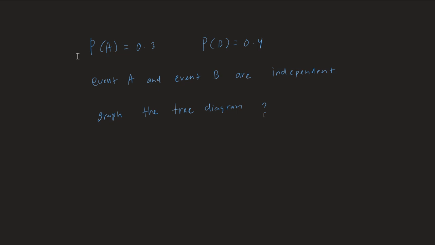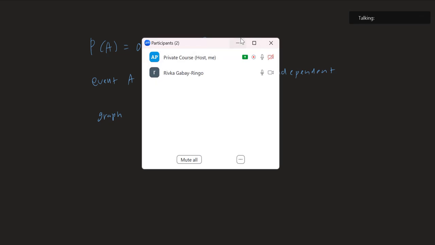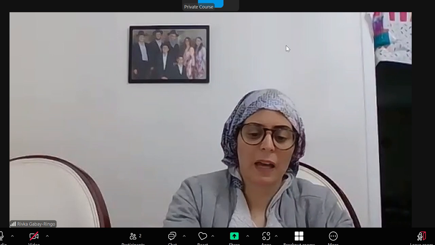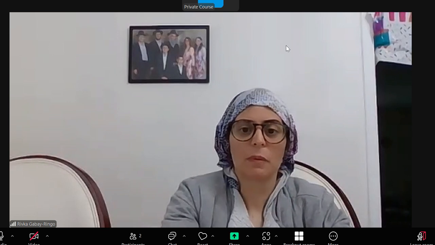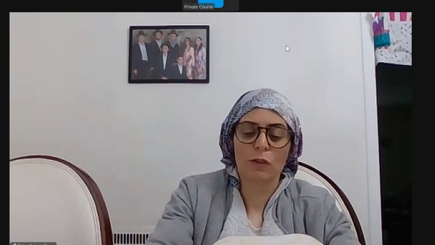Like that. Can you show it to me? Here, I'm going to try. So if P of A is equal to 0.3 and P of B is equal to 0.4, you want to know whether event A and B are independent. We have the tree diagram.